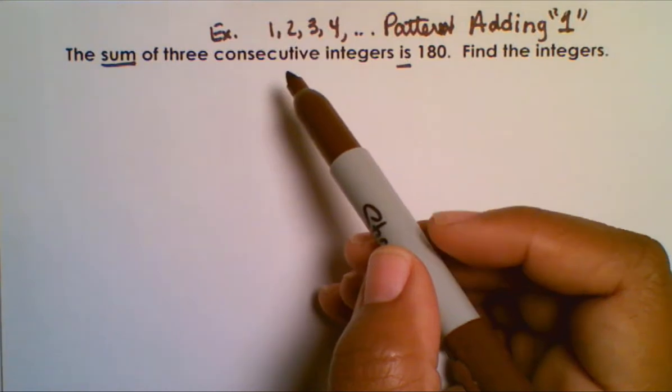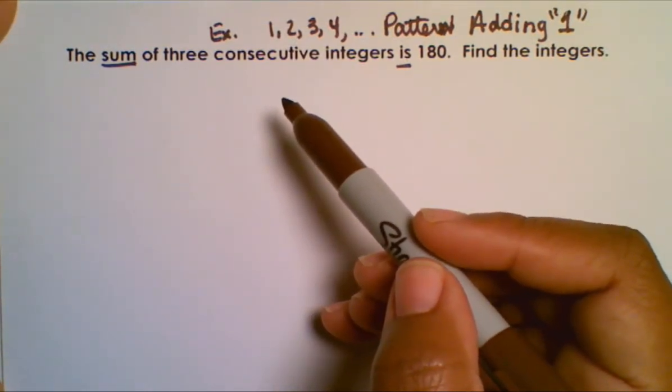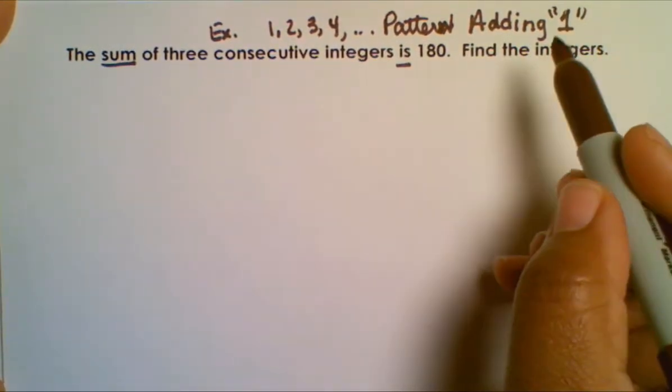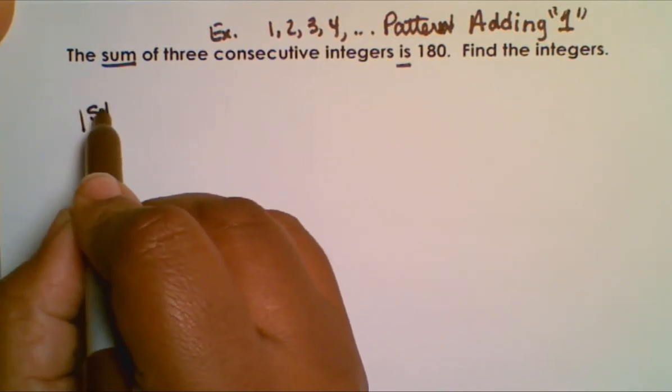Because it's saying three consecutive integers, first of all, we don't know what they are. So let's go ahead and write our information box.